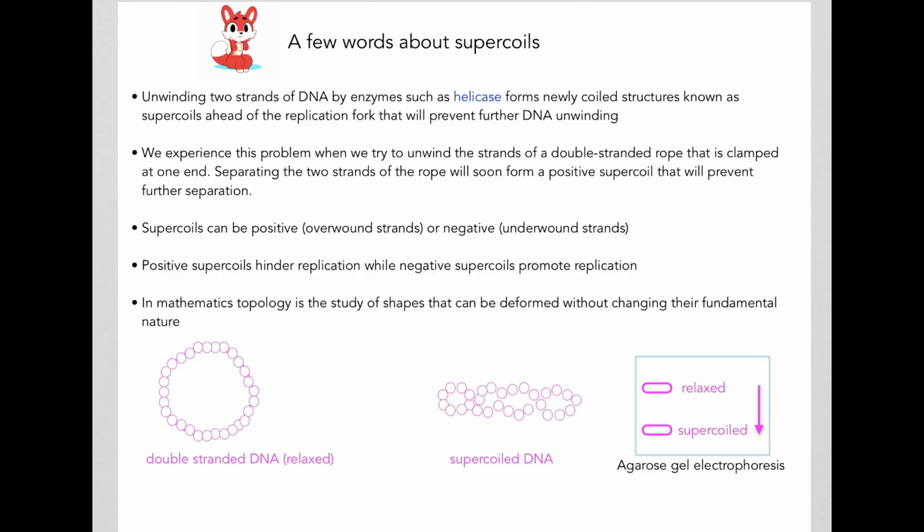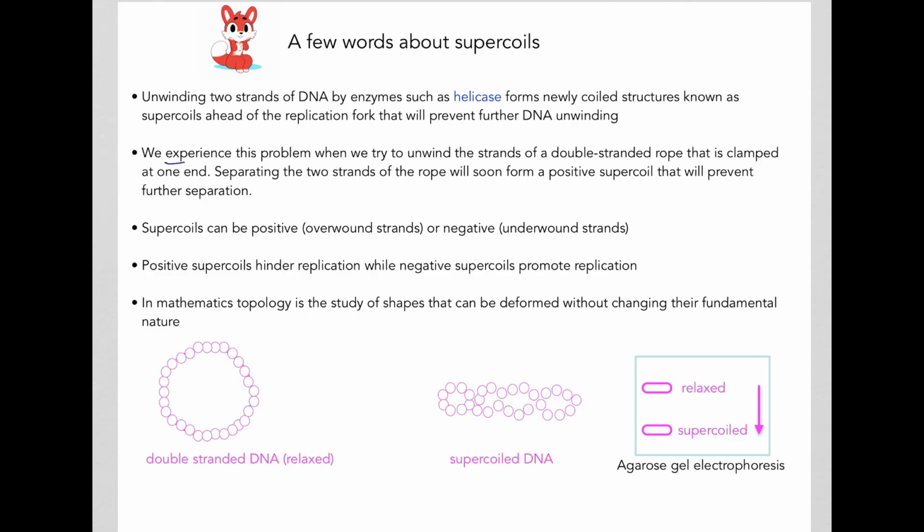So before we go further, let's discuss a little bit about supercoils. As mentioned earlier, unwinding two strands of DNA by helicase will form supercoils ahead of the replication fork, and these supercoils will prevent further DNA unwinding, and that will stop replication.